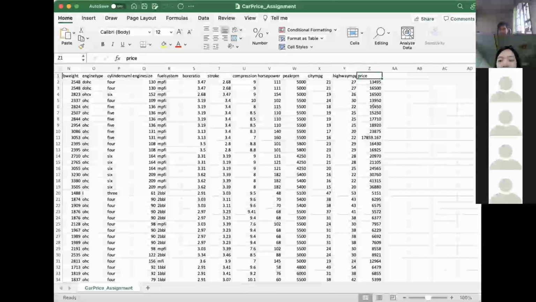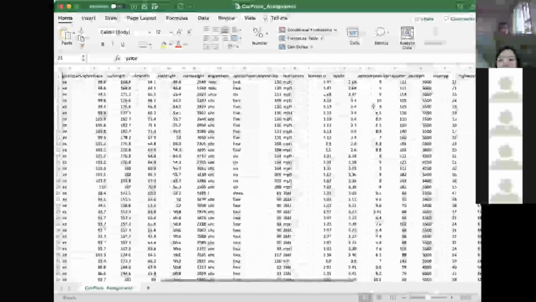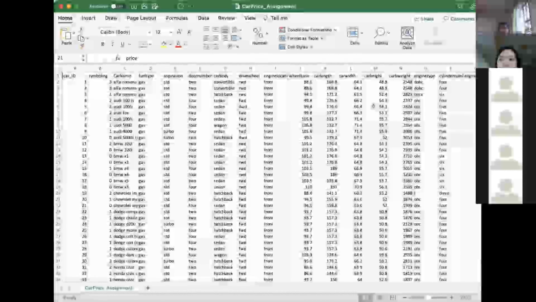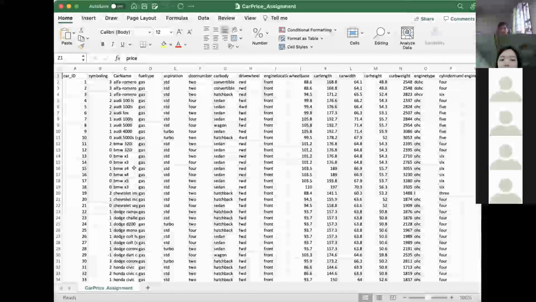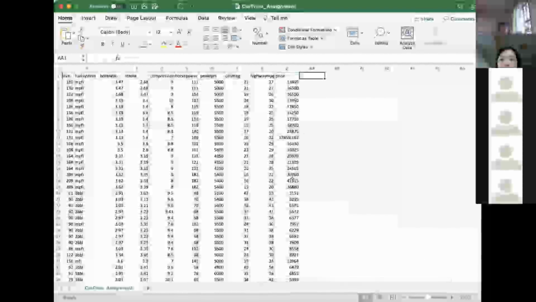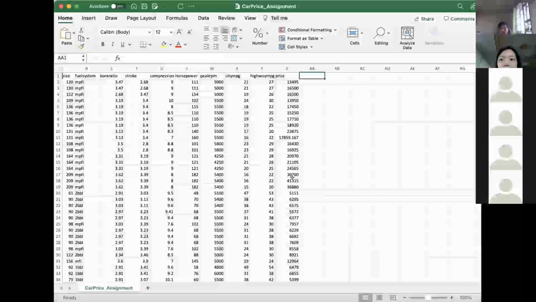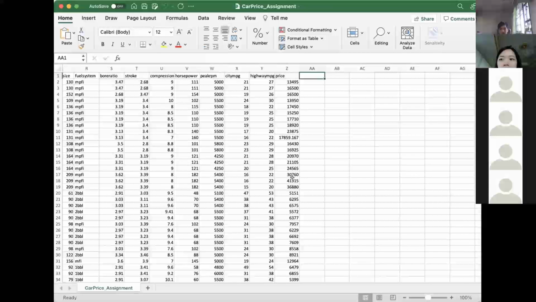Your car name has two pieces of information, by the way. It has the make and the model. So what you might want to do is create another column called the make. So it's make and model, right? In that case, you can do comparison between makes.